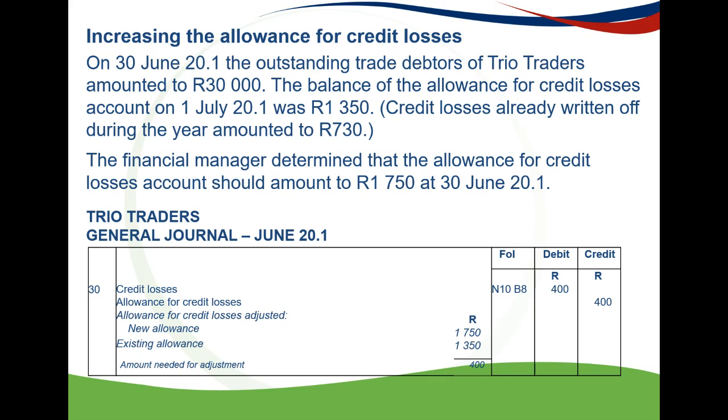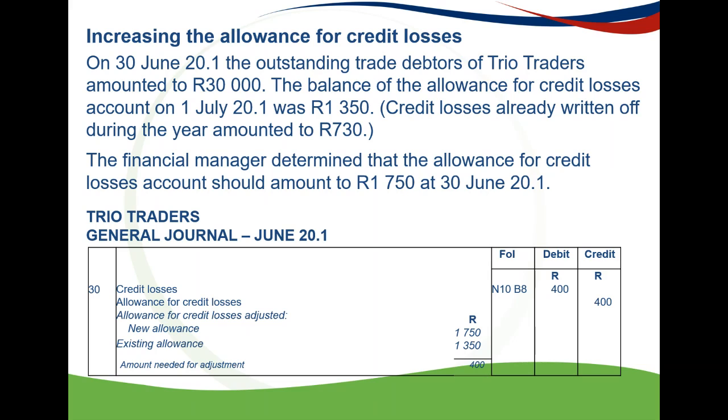So our allowance at 30 June 2020 was 1,350. Now it must increase to 1,750. Our allowance for credit losses had a credit balance of 1,350 at the end of the previous financial year, and for the current financial year it must have a balance of 1,750.